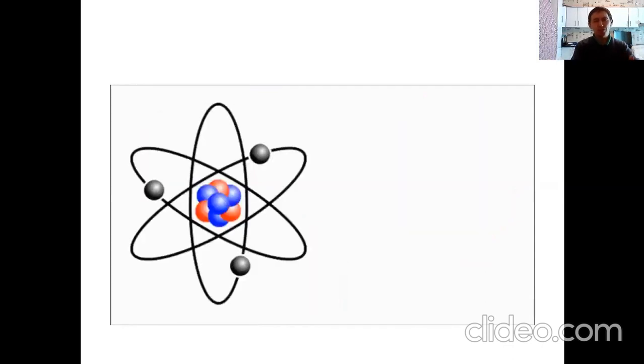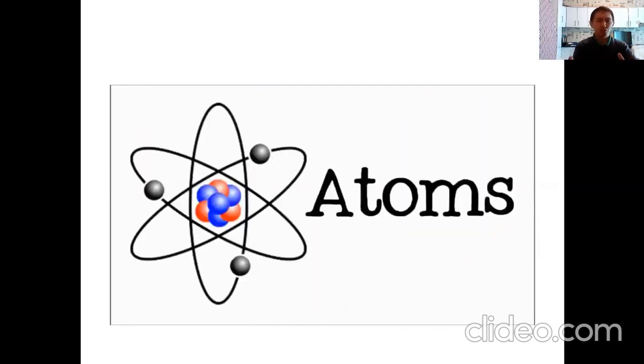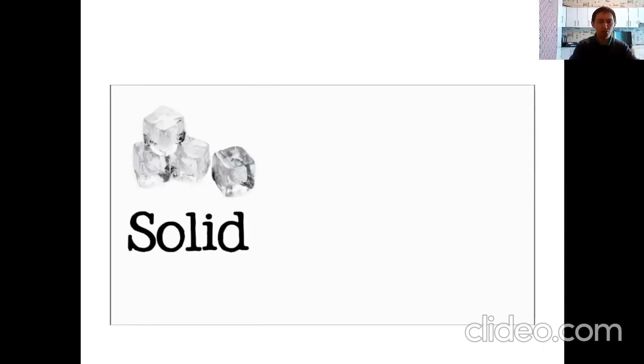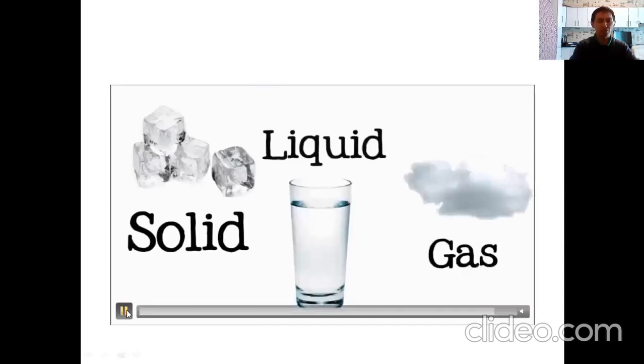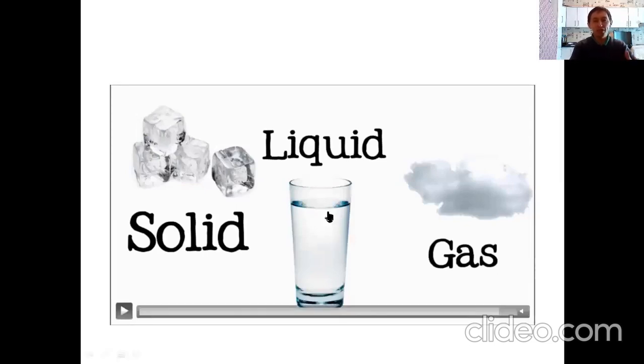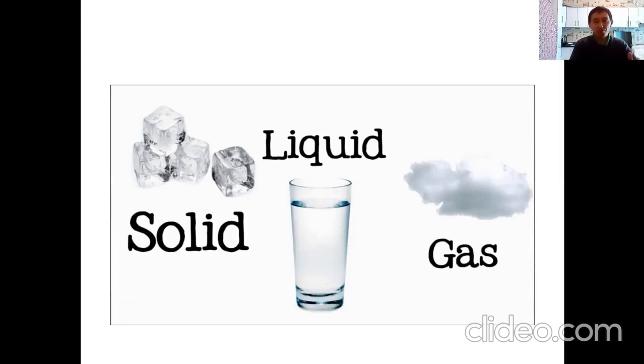The difference is the position of molecules inside the substance. All substances are made up of atoms or molecules, depending on the element. For example, hydrogen has only atoms because it's an element, whereas, as shown right here, water has molecules because it's a compound.